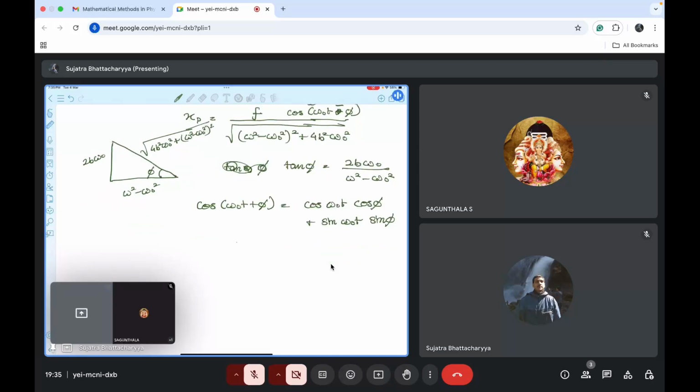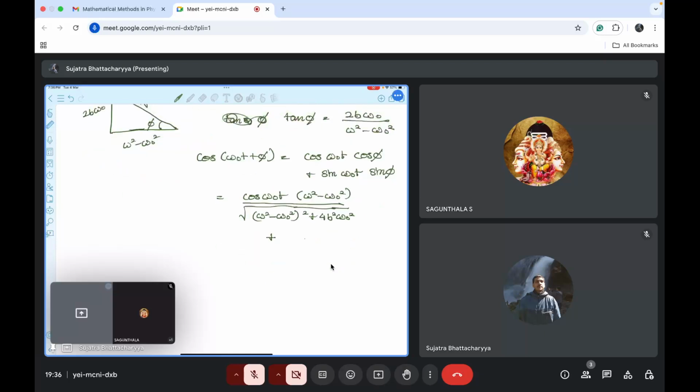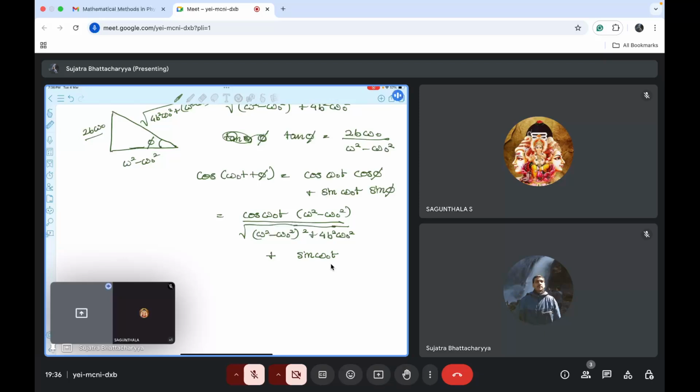So cos of omega naught t will be as it is cos phi, based upon hypotenuse. So it will be omega square minus omega naught square divided by hypotenuse, which is root over omega square minus omega naught square whole square plus 4b square omega naught square, plus there will be sine omega naught t and sine phi will be perpendicular upon hypotenuse.